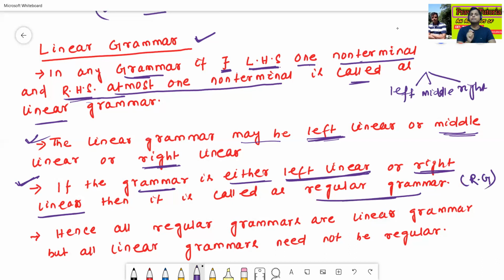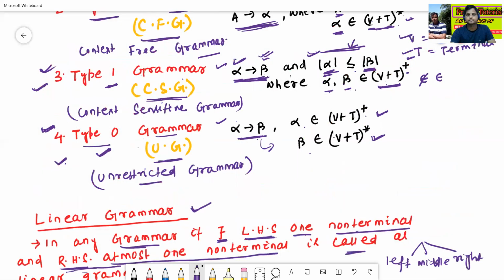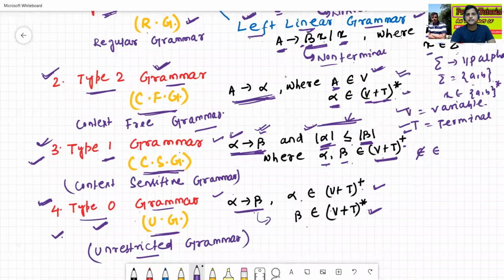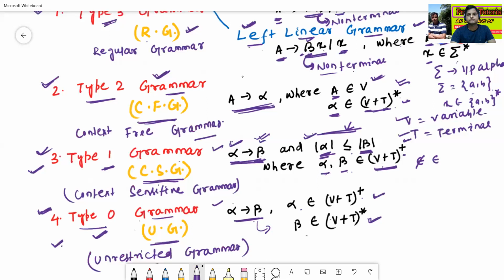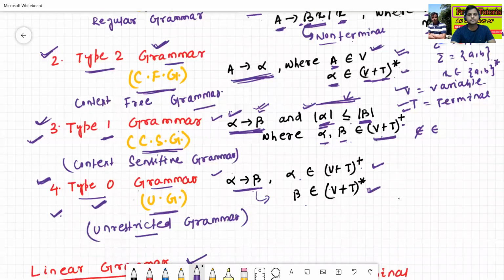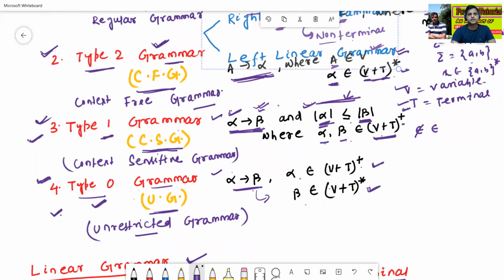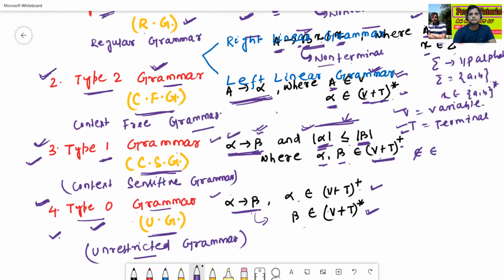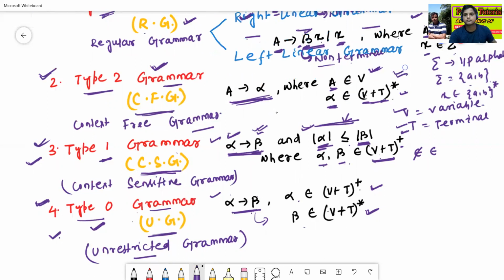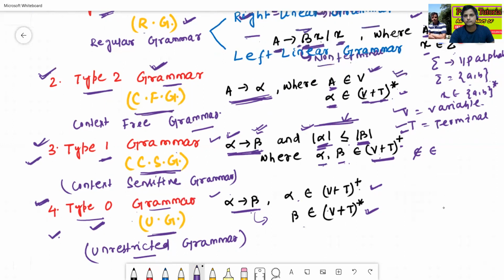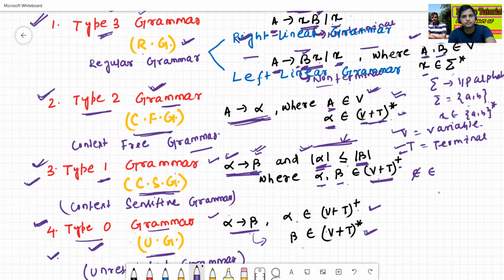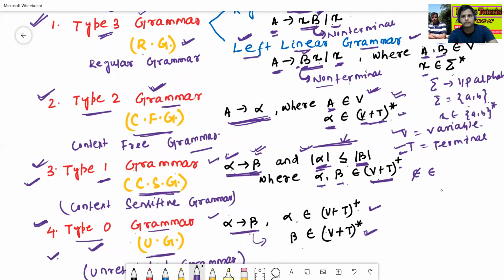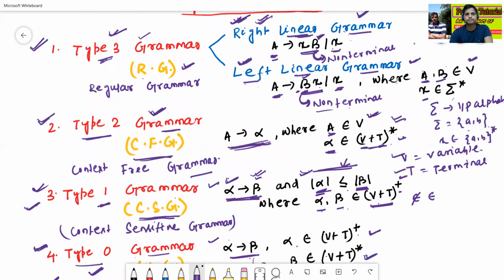If the linear grammar is either left linear or right linear, then it is called regular grammar, because we have already discussed this in type 3 grammar.